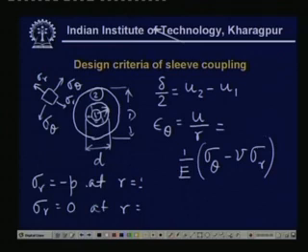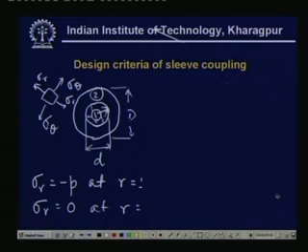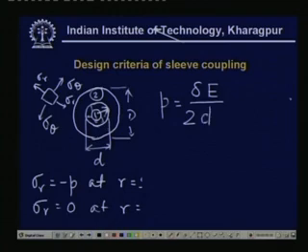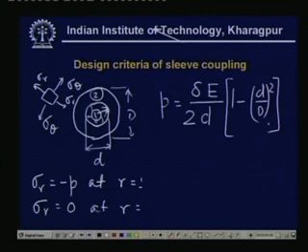When you use all these equations, then you get the following: the pressure will be equal to delta E by 2 times the internal radius, times 1 minus (d by D) square.